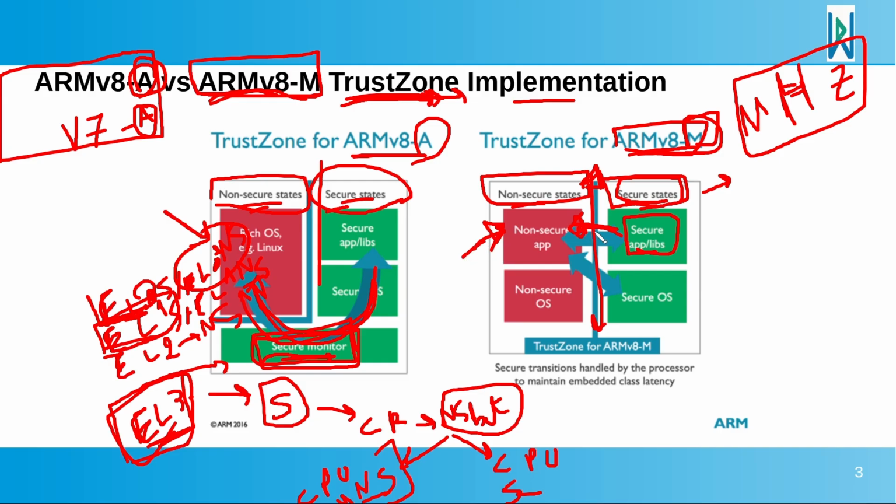Those instructions are newly added to the ARMv8-M to trigger the CPU to properly switch the state. So we should execute those new instructions, plus we should have the destination address marked as non-secure.